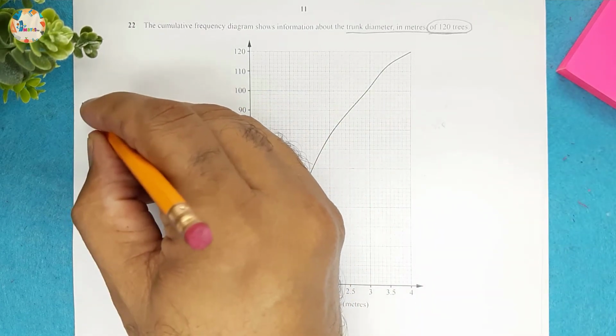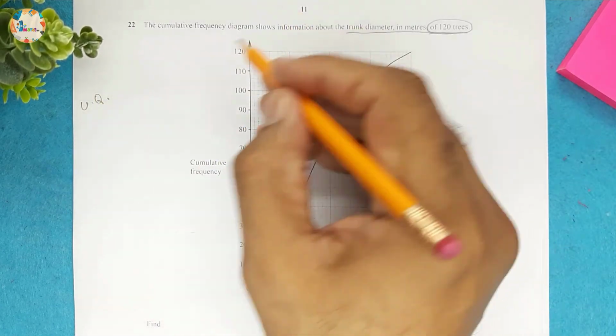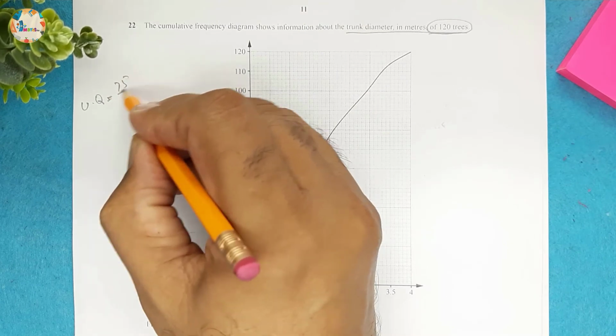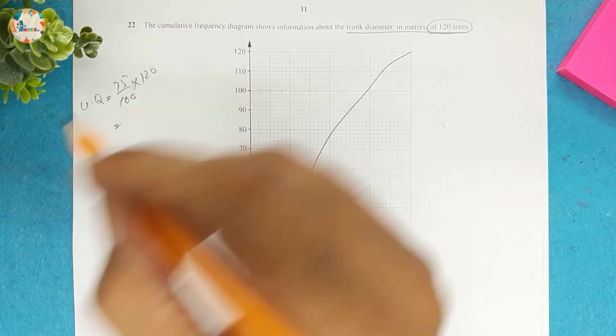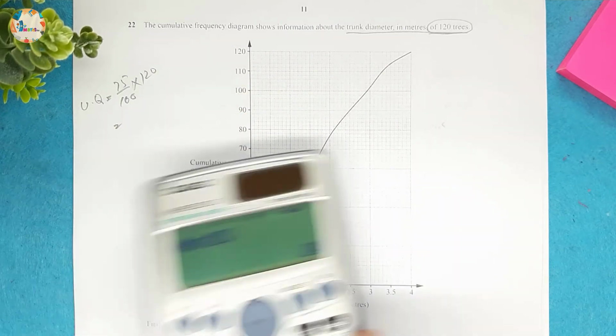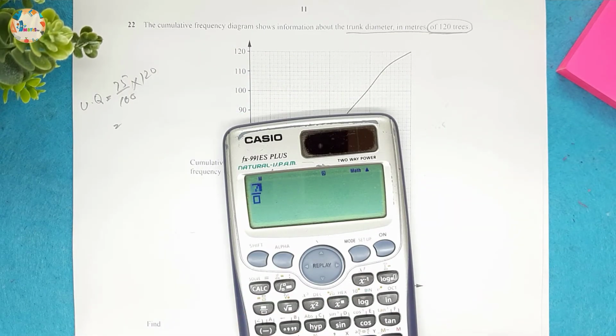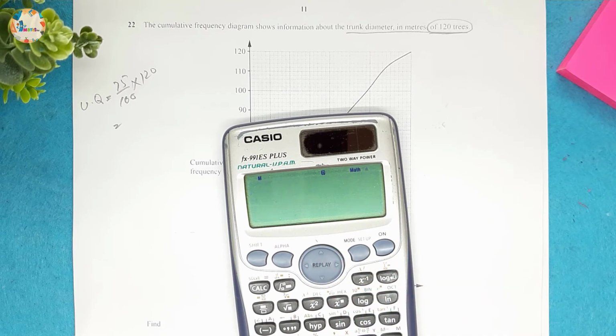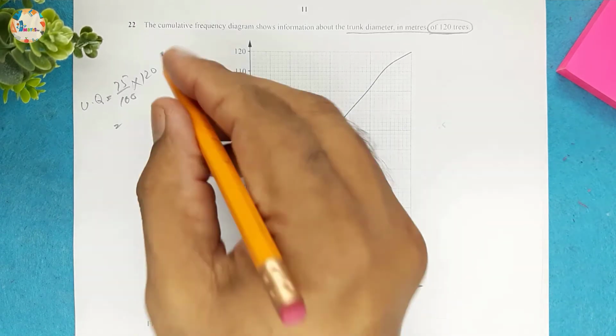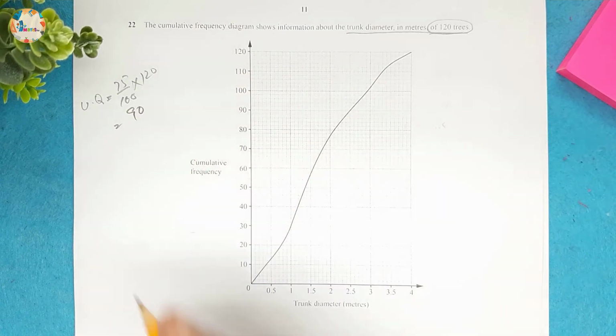To find upper quartile, what we can do, we will find 75th percentile of 120, and this will be 75 over 100 into 120. This will result in 90. So this will be upper quartile.